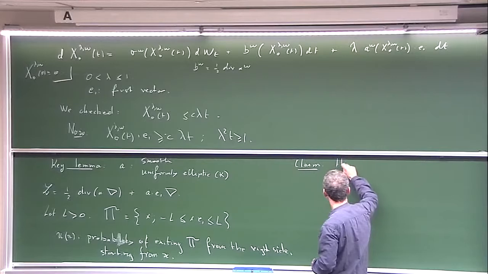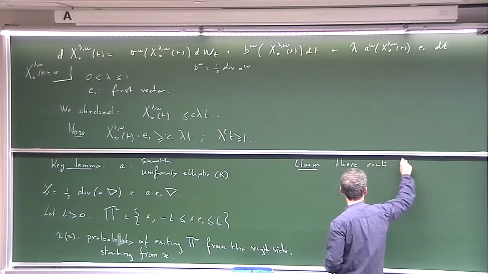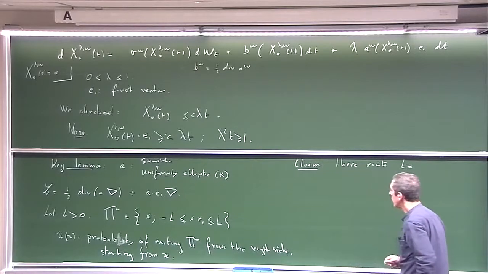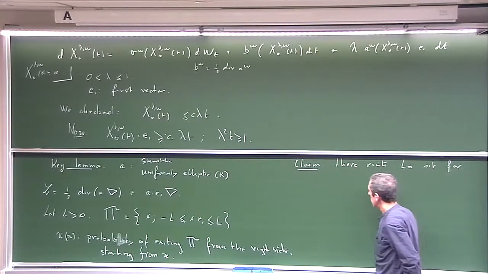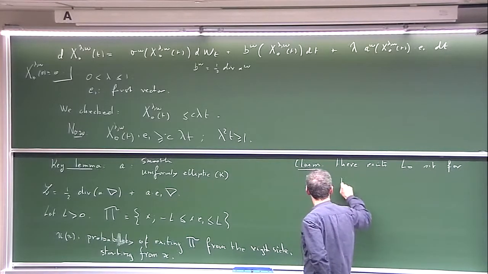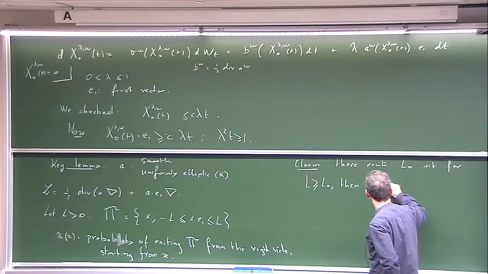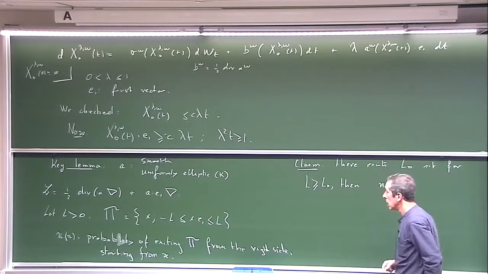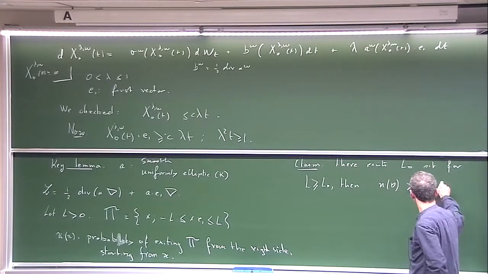So there exists a certain L0 such that for L larger than this L0, if we start at 0, then U of the origin is larger than something, say 2/3.